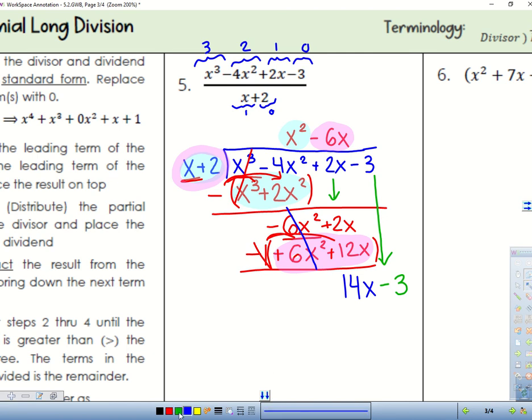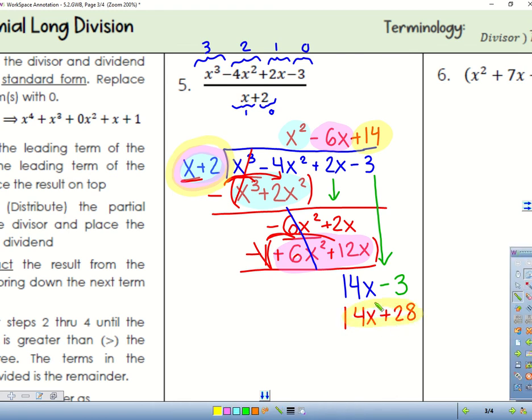Now, once again, factors of, basically, what would I multiply x by to get to 14x? Positive 14. Whatever you write up there, you're going to multiply this by this. That becomes 14x plus 28.